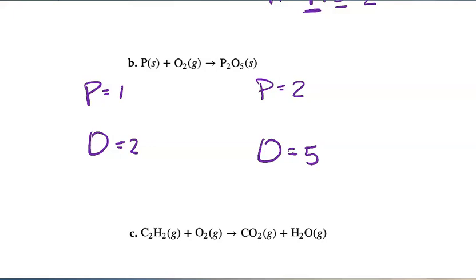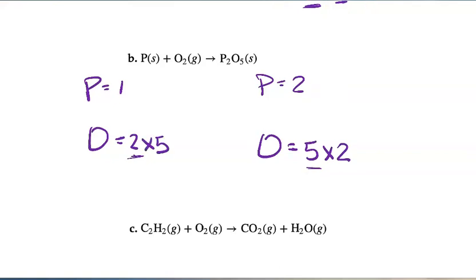I'm looking at this and I'm seeing that oxygen's a 5 and here oxygen's a 2. I know that there's nothing that I can multiply this 2 by to get 5. It's not going to happen. So a trick is that you can take this 5, multiply by 2, take this 2, multiply by 5, and get the same answer on both sides. So let's try that and see what happens.